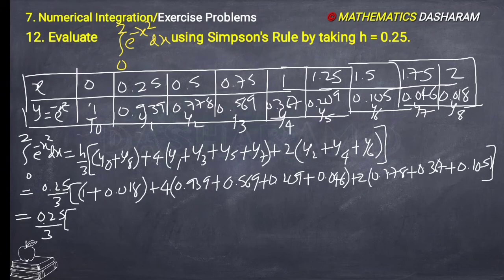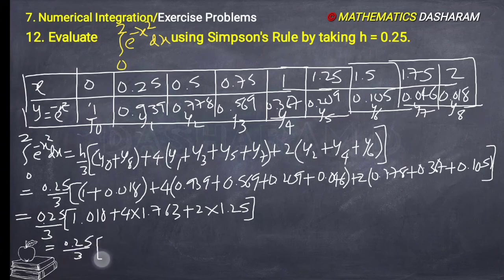So 1 plus 0.018 is 1.018, plus 4 into addition of these decimal numbers is 1.763, plus 2 into addition of these decimal numbers is 1.25. So it is equal to 0.25 divided by 3. So 1.018 plus 4 into 1.763 is 7.052 plus 2 into 1.25 is 2.5.